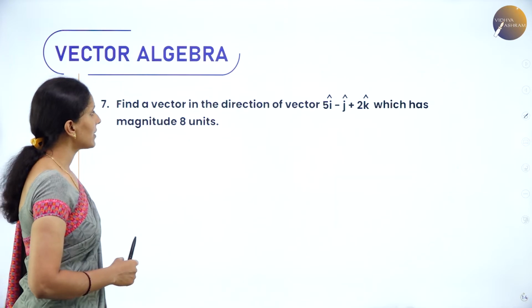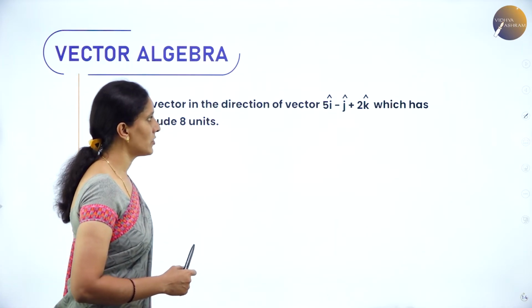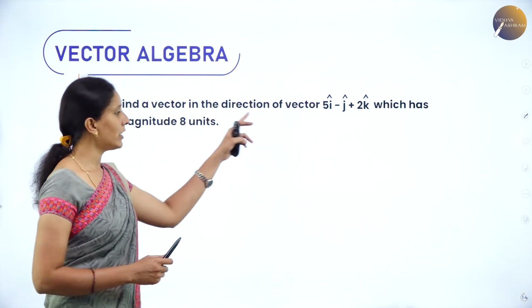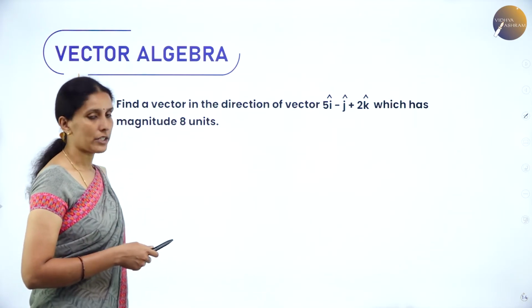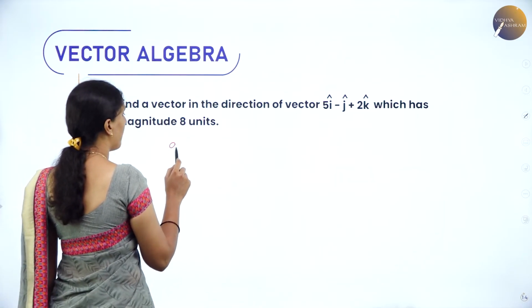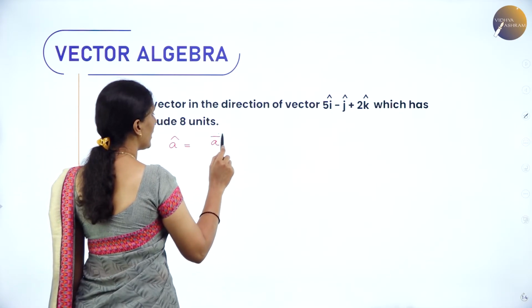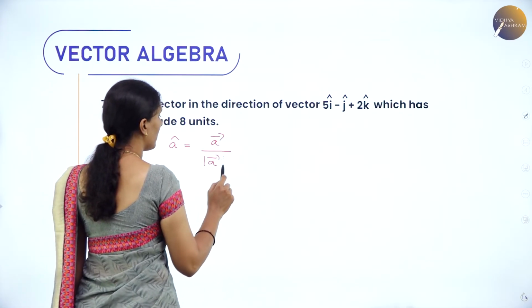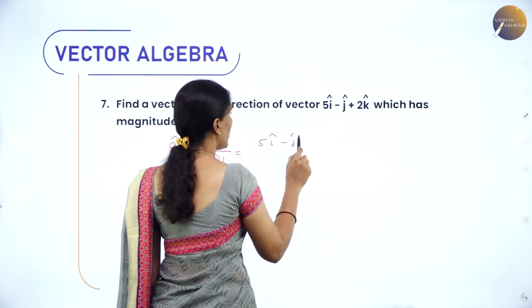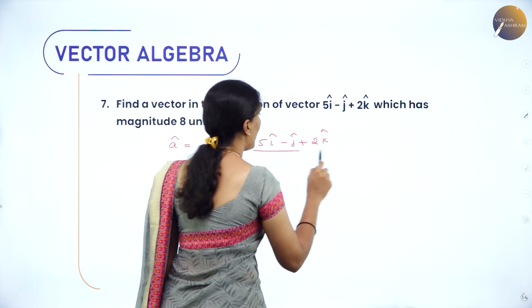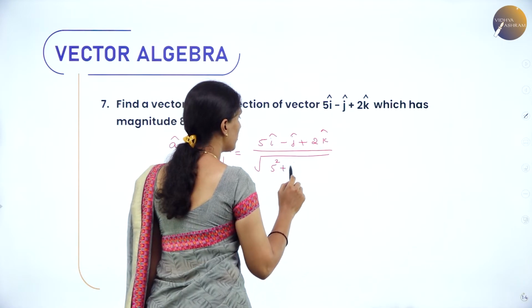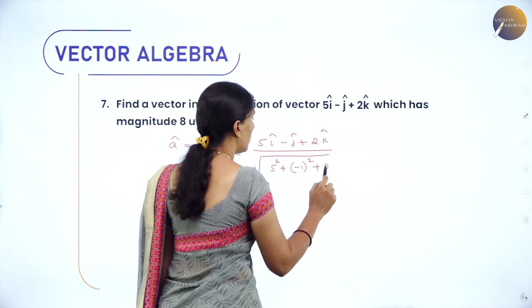Next, find a vector in the direction of vector 5i minus j plus 2k which has magnitude of 8 units. So I need to find a vector in the direction of the vector, which is nothing but we are going to find out first the unit vector. So A cap is equal to vector A divided by magnitude of vector A. Let me take vector A as 5i minus j plus 2k and magnitude is square root of 5 square plus minus 1 whole square plus 2 square.